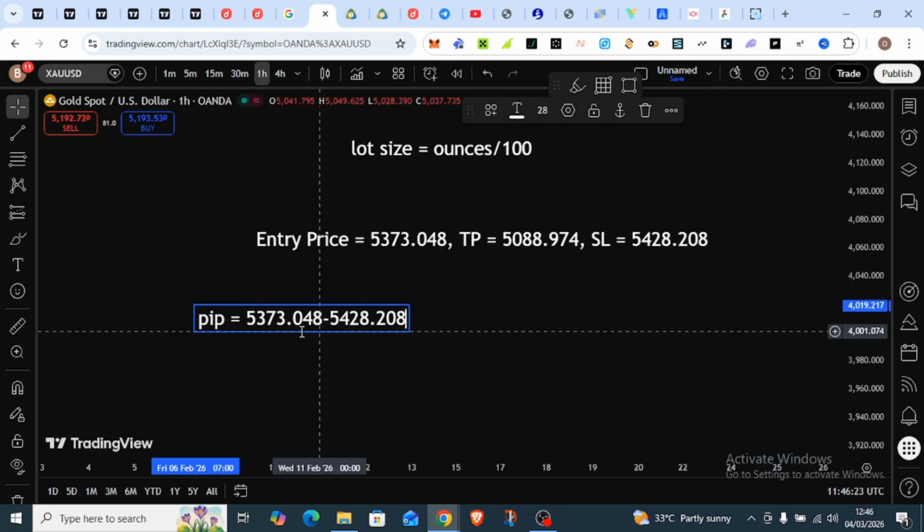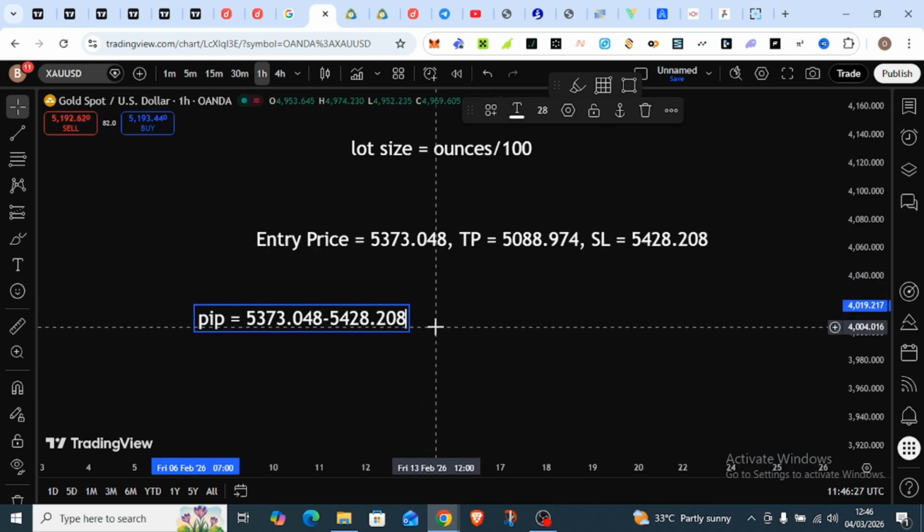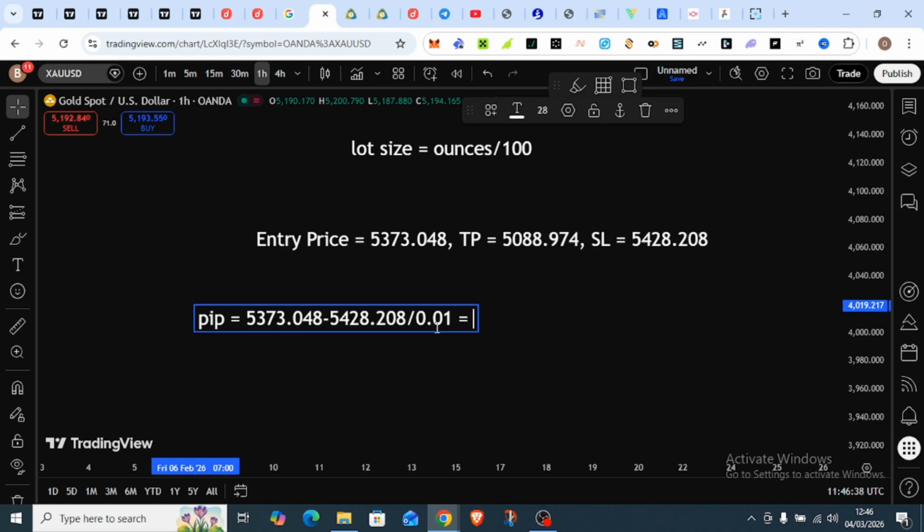That's the movement from the entry price to stop loss price. We divide it by 0.01. This will be equal to minus 55.16, divided by the pip size 0.01.